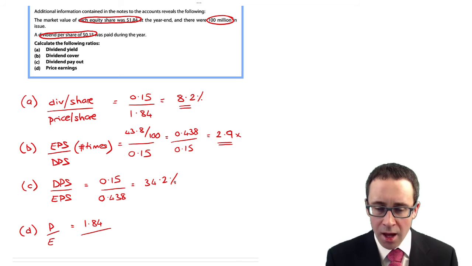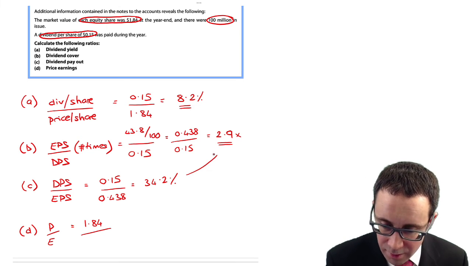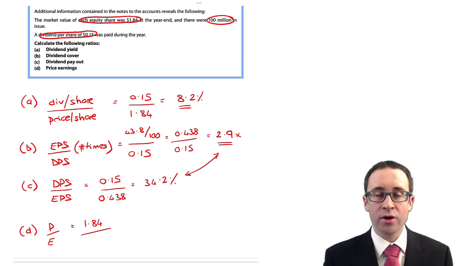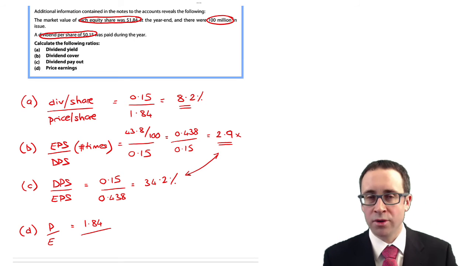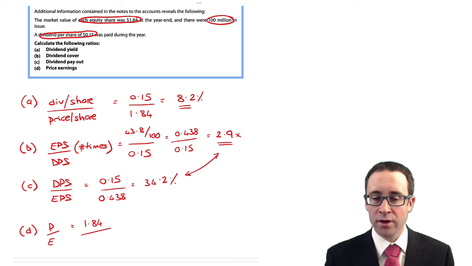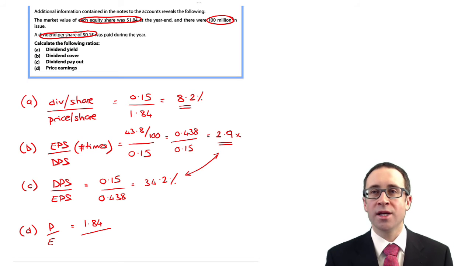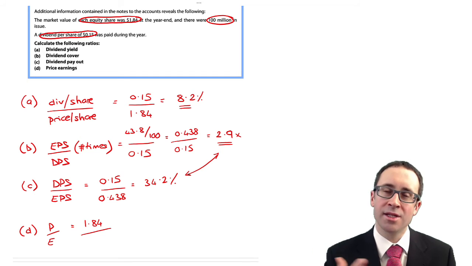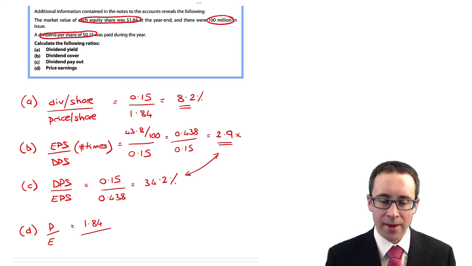Hopefully you can see the link between the two. The dividend cover and the dividend payout are just a reciprocal of each other. If you do 1 divided by 2.9, so 1 divided by a dividend cover, you will get 34.2%. And if you do 1 divided by 34.2%, you will get 2.9. So they're telling you the same thing, but in a different fashion.